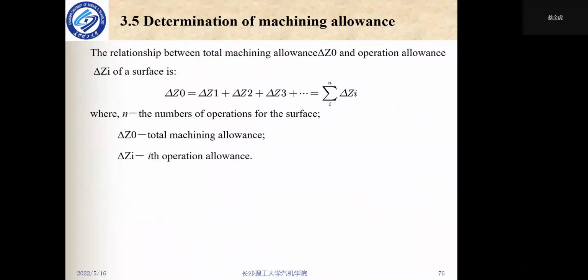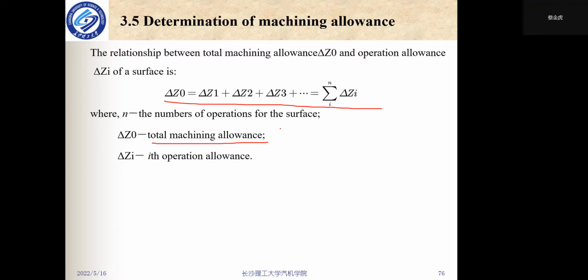The relationship between the total machining allowance delta Z0 and operation allowance delta Zi of a surface can be calculated like this, where variable n represents the number of operations for the surface, delta Z0 denotes the total machining allowance, and delta Zi means the i-th operation allowance.